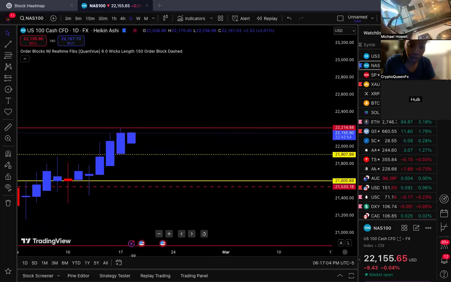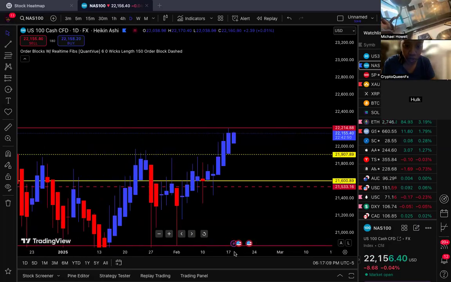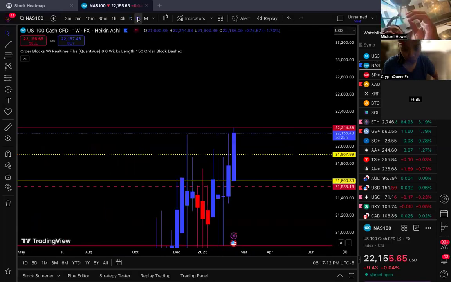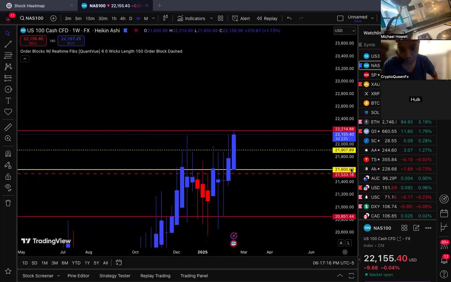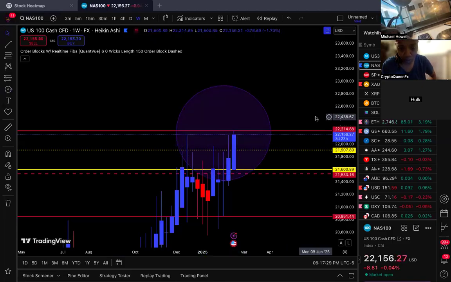We got the Nas following behind what the US 30 is doing right now and rejecting the high. Also got a retest on a weekly right here. But they made a higher high.